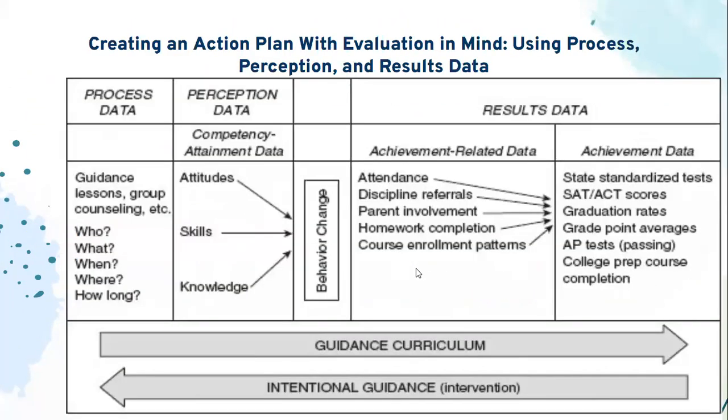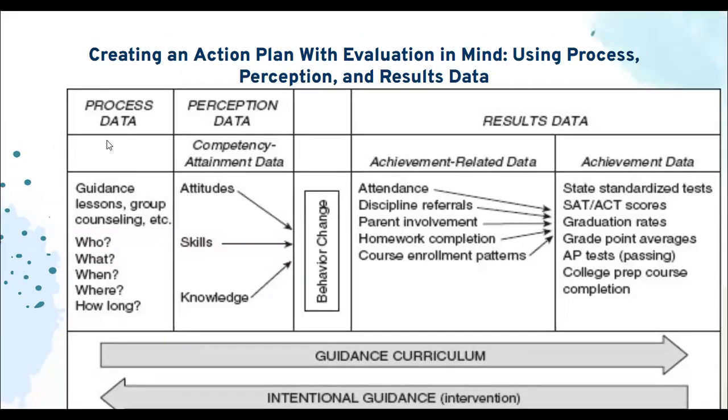Oops, I skipped one. Creating an action plan with an evaluation in mind using process, perception, and results data. I put this diagram here from the textbook, which is located on page 45.